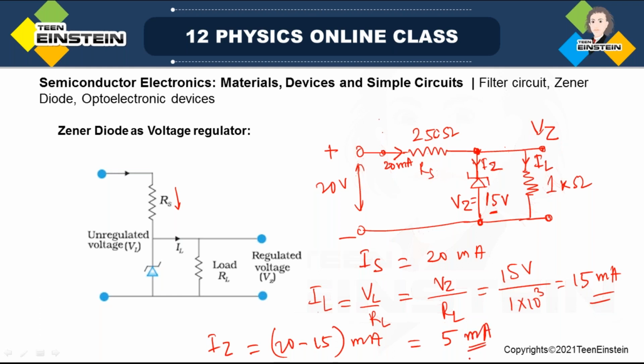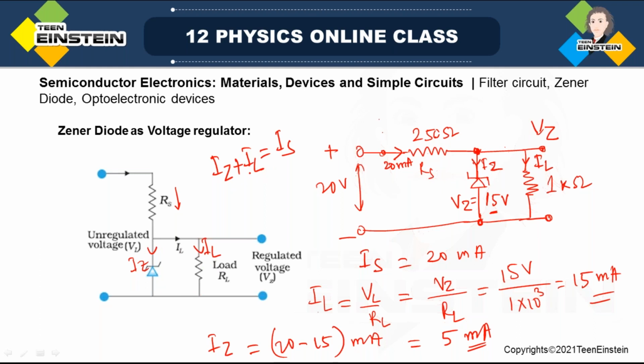Deepa, is it clear to you? The current passing through RS is the sum of the current through the load resistance plus through the Zener diode, so remember IZ plus IL is equal to IS. This is because the load resistance is in parallel with the Zener diode.